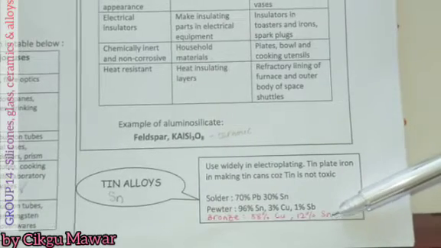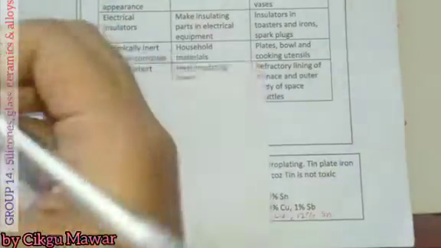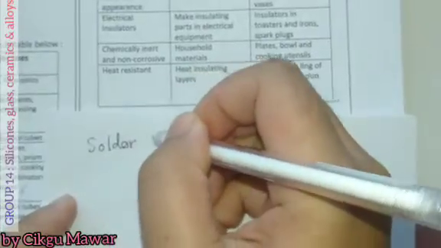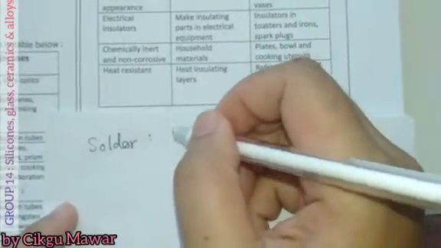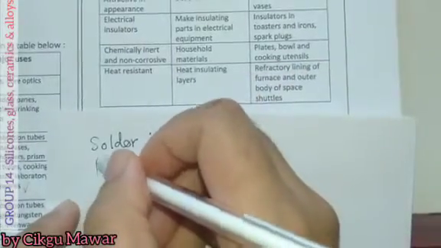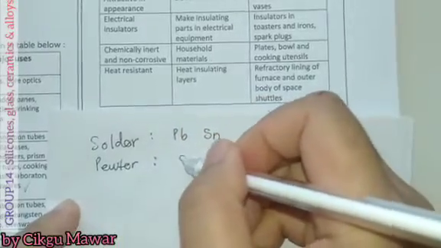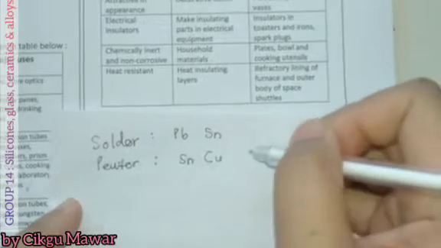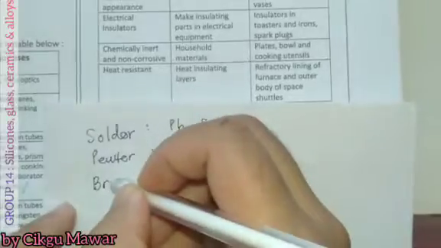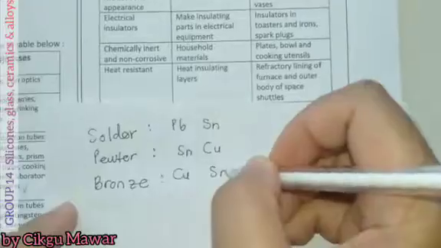Now I want to show you how to memorize these alloys. For example, solder contains lead and tin. Pewter contains tin and copper, also antimony, but only a minimum amount. And then bronze contains copper and tin.